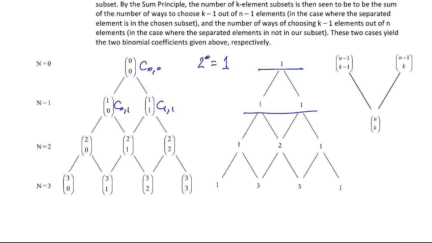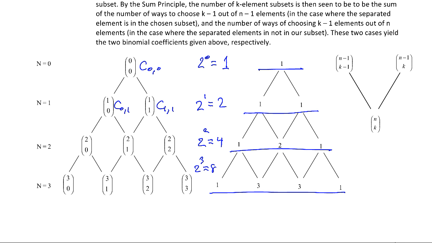The first row is n equals 0. 2 to the 1 is 2. You sum the 1 and the 1 to get 2. The 1 plus 2 plus 1 gives you 2 squared, or 4. And 1 plus 3 plus 3 plus 1 is 2 to the third, or 8. Okay, so you sum them in the rows.